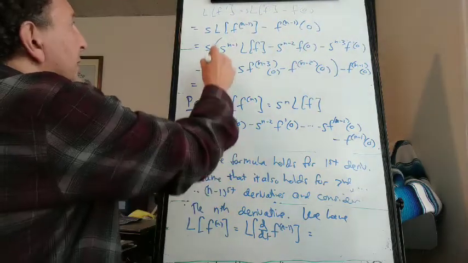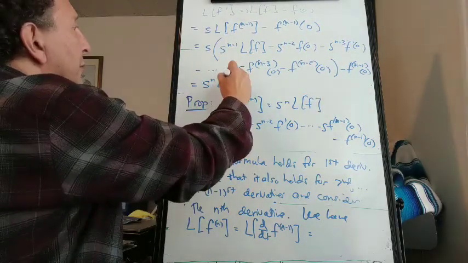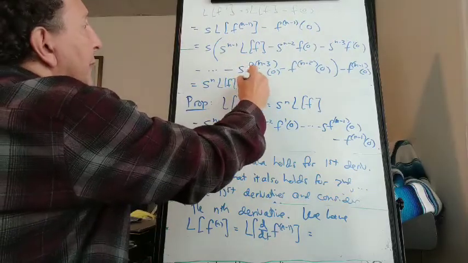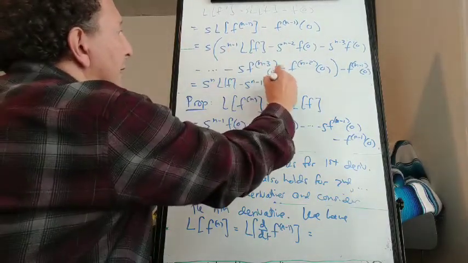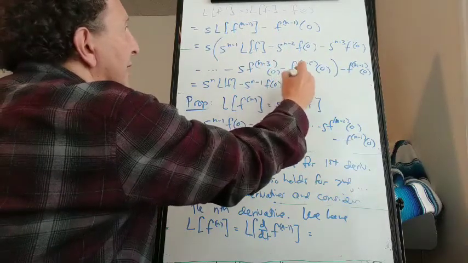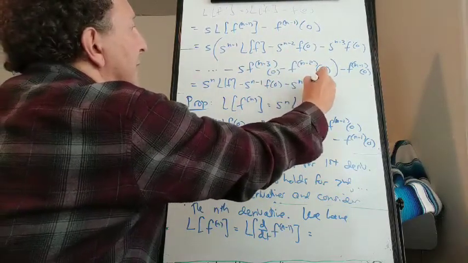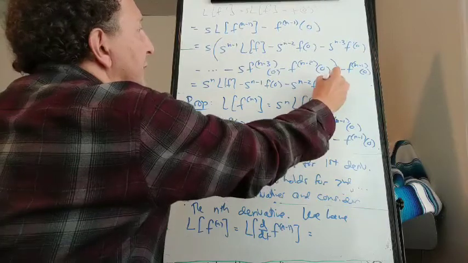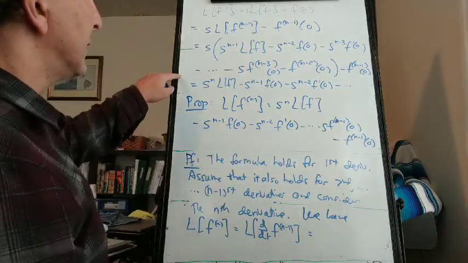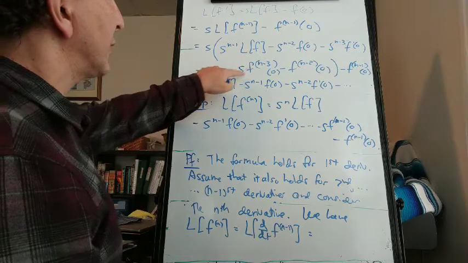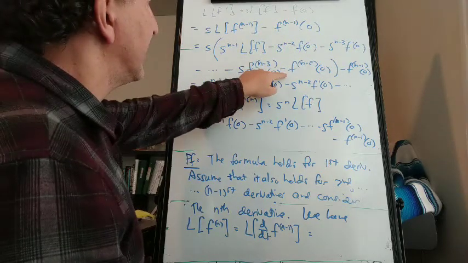And that equals s to the n Laplace transform of f, minus s to the n minus 1 f of 0, minus s to the n minus 2 f prime of 0, etc., minus s squared, minus s.